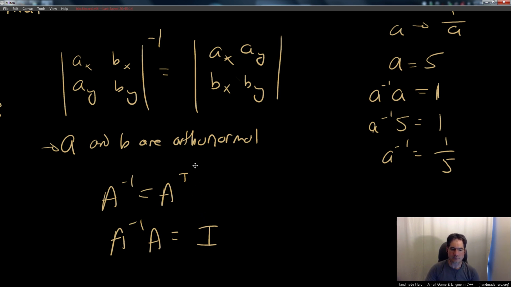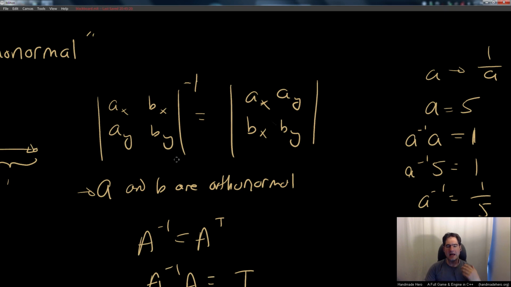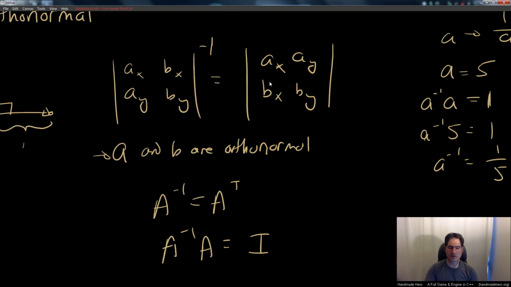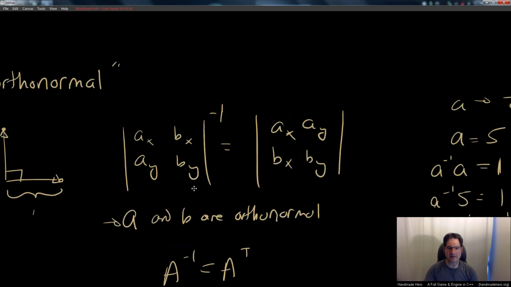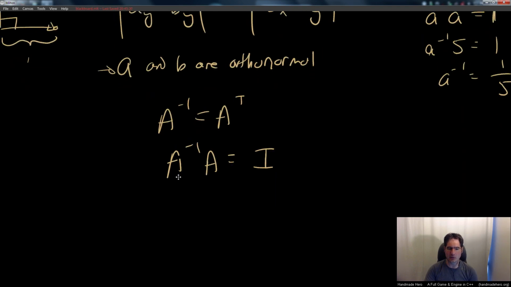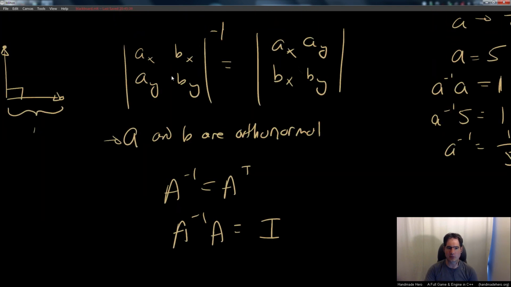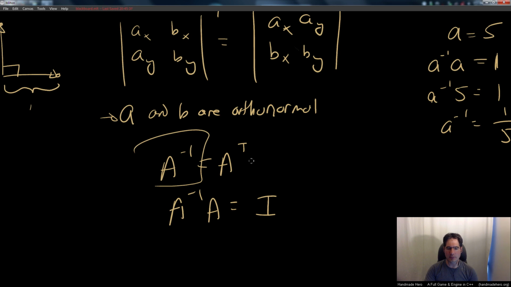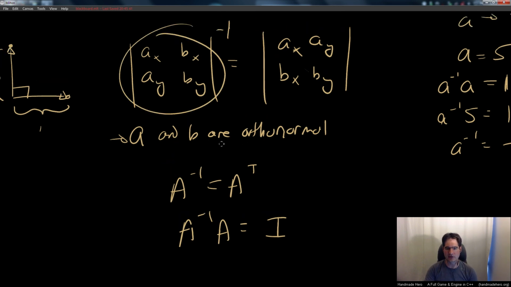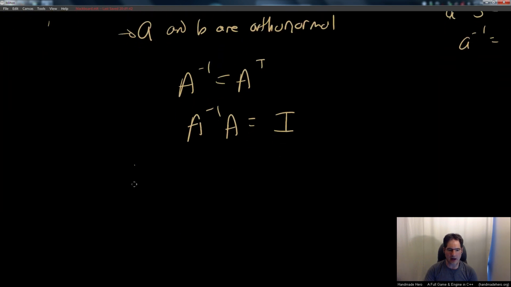Well, now I can tell you algebraically why this is true for orthonormal vectors, right? Let's say we do out exactly what I am suggesting here. Let's pretend that A inverse equals A transpose, and I have these vectors that are orthonormal. So I start with ax, ay, bx, by.